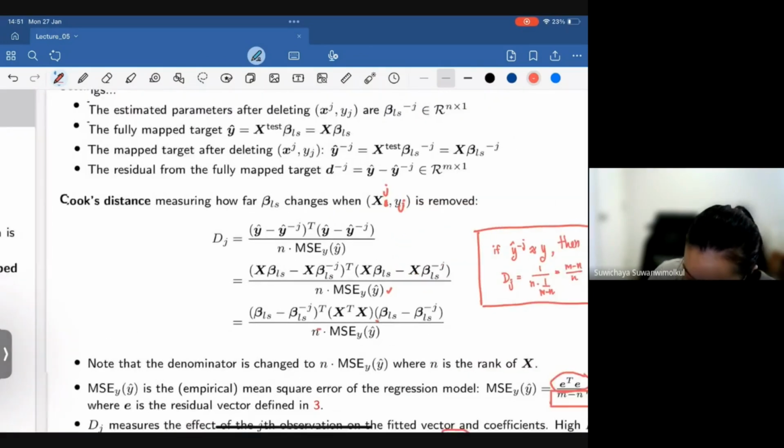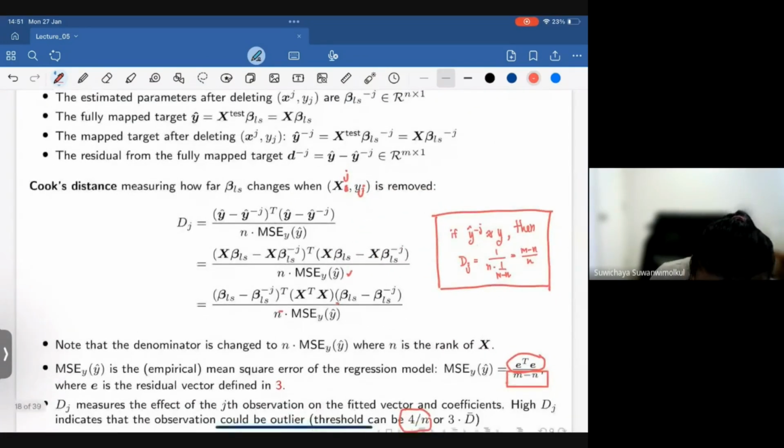Okay, another thing is, what if y hat j is not equal to y? The question would be, then what should this yj have as value? So the thing is, if yj wasn't close to y, very likely yj will be closer to the y hat superscript minus j. If it's not equal to y, very likely that means that when you remove that j sample, it does not make a lot of impact.